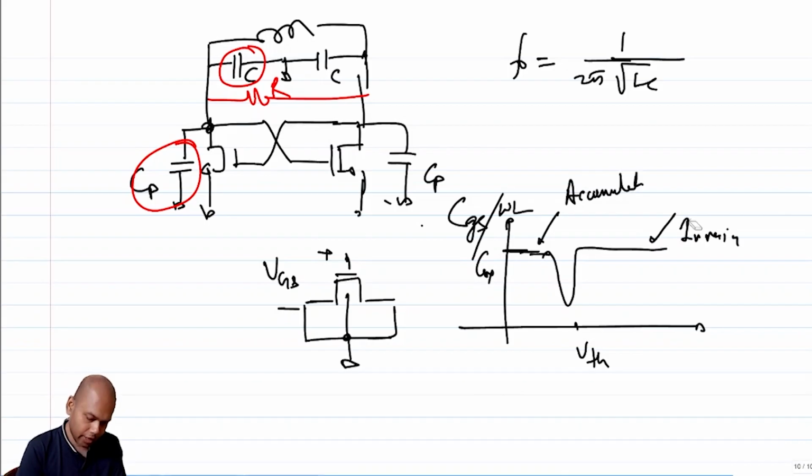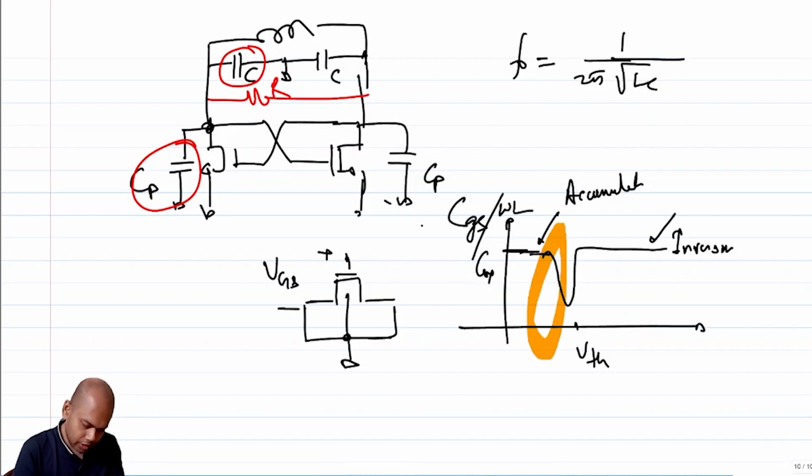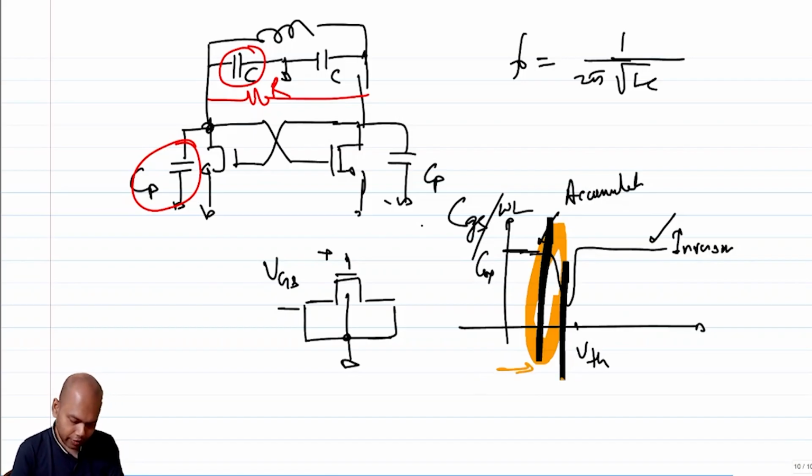Note that I have drain and source existing together simultaneously, right? So this is not the case in which drain and source do not exist. This is not a MOS cap. It is a MOSFET with drain and source together. So now you see that in this region, if you bias your MOS cap in this region, then there is a chance of getting a voltage variable capacitance.